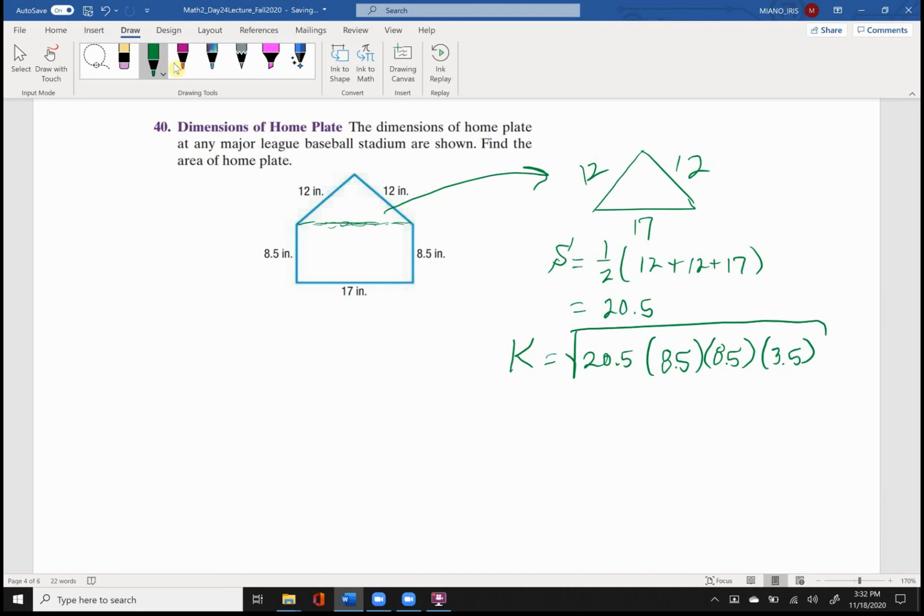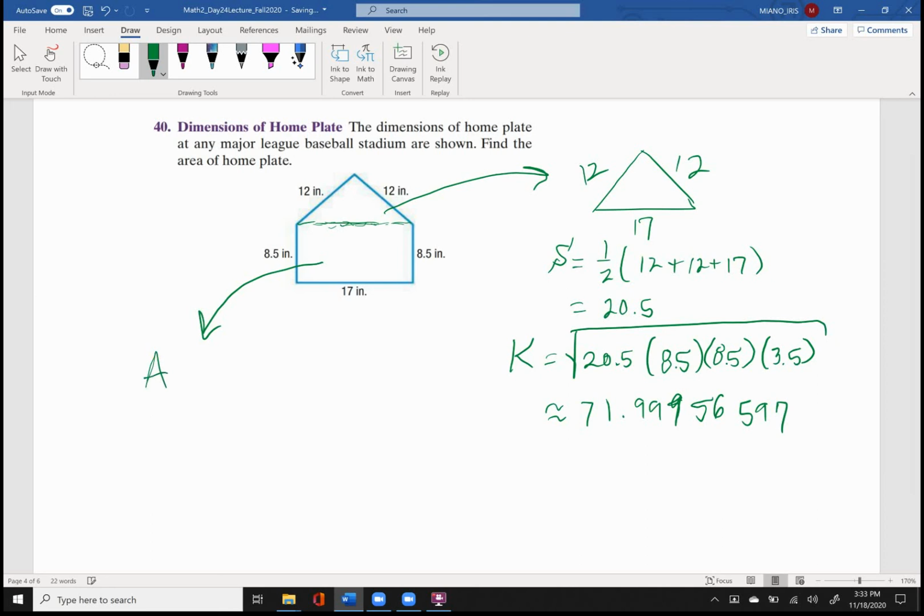Put that into your calculator and you will get approximately 71.99956597. I'm giving myself a lot of significant figures just because I know I'm going to have to add this to the area of this rectangle, which is easy enough to find.